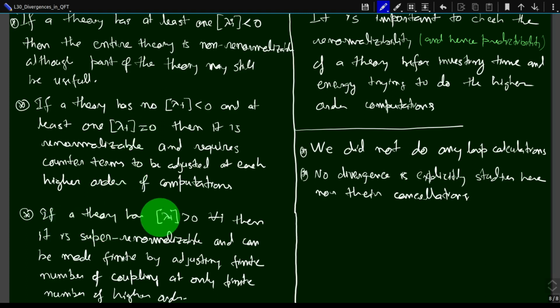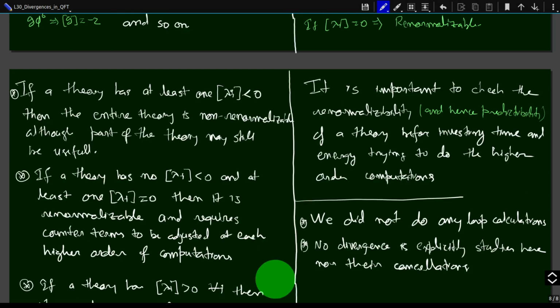And if a theory has lambda i greater than 0 for all i, then it is super-renormalizable and can be made finite by adjusting a finite number of couplings only at a finite number of higher orders. So it is important to check the renormalizability, and hence the predictability, of a theory before investing the time and energy in higher order corrections, because that's a very laborious task.